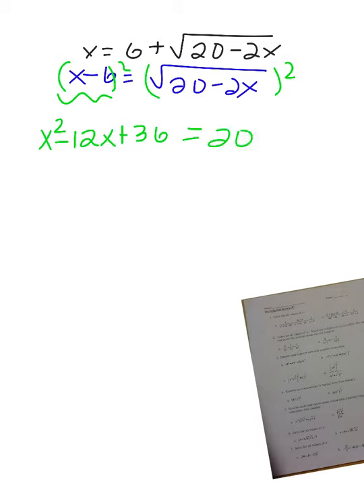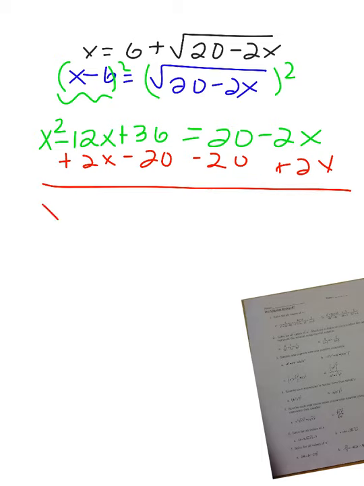Remember, when you square that binomial, x minus 6 squared, that's x squared minus 12x plus 36. And then I get equals 20 minus 2x. It is a quadratic, so get it to equal 0. So minus 20 and add 2x. So I get x squared minus 10x plus 16 equals 0.